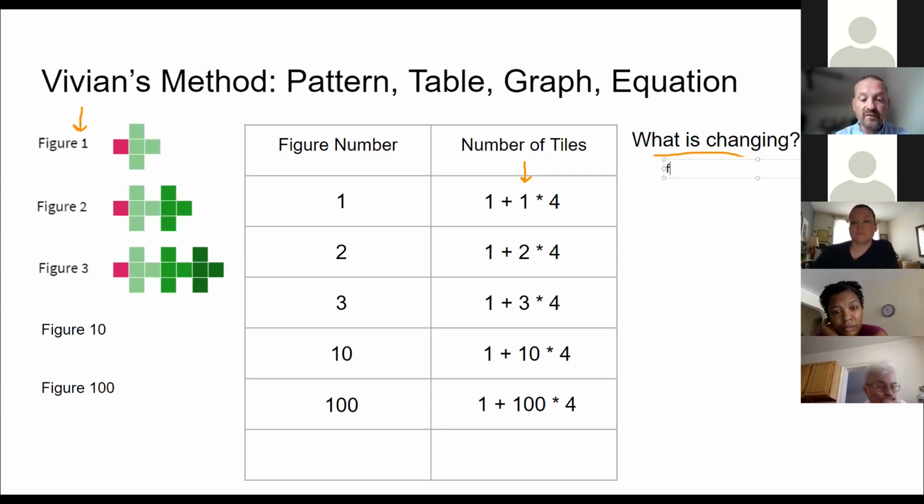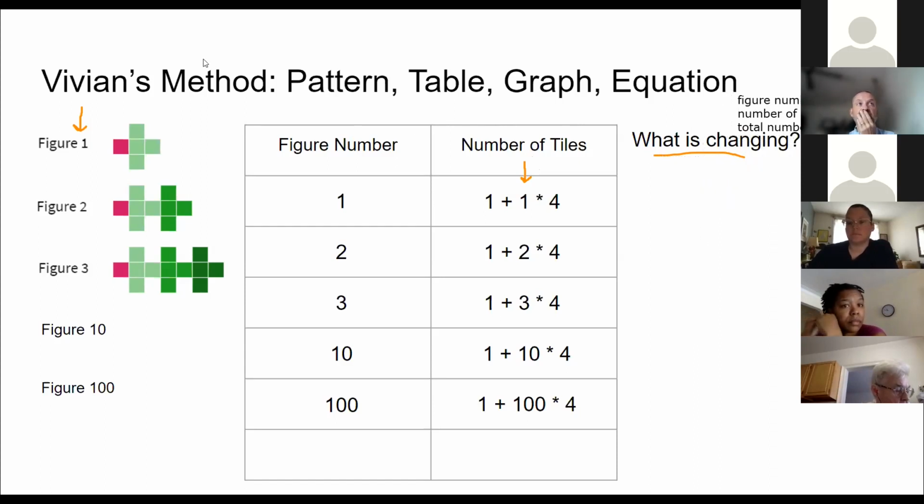So it's the figure number, the number of groups, and the total number of tiles. As somebody said, it's exactly the same. All 3 of those things are changing, right?